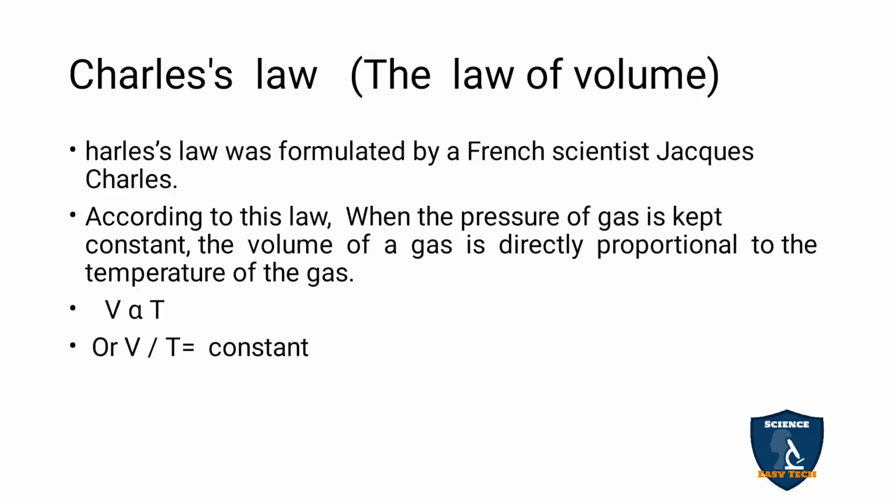Next we move on to Charles' law, the law of volume. Charles' law was formulated by the French scientist Jacques Charles, and because of this the name Charles' law has been given. According to this law, when the pressure of the gas is kept constant, the volume of the gas is directly proportional to the temperature. This can be written as V by T is equal to constant.